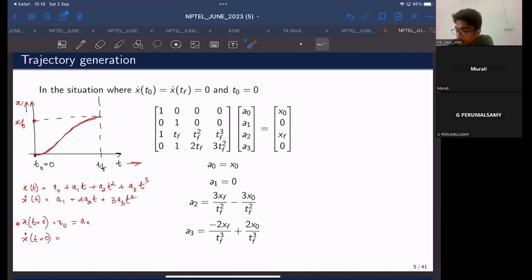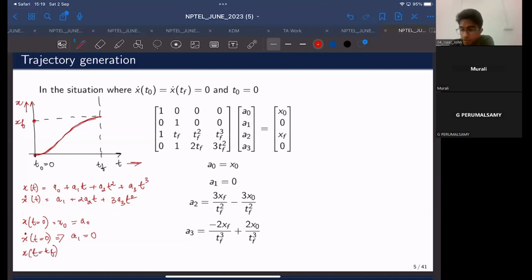So the earlier one is the initial position boundary condition, and this is the initial velocity condition. If you substitute t equal to 0 in this equation, what will you get? That implies a1 is 0.